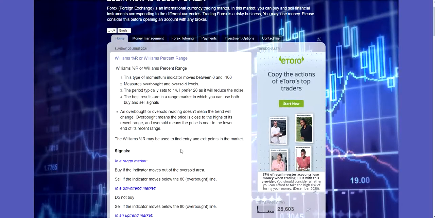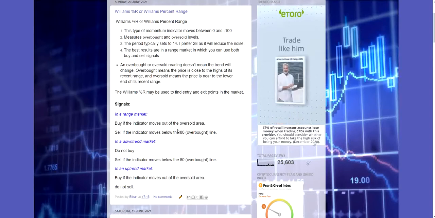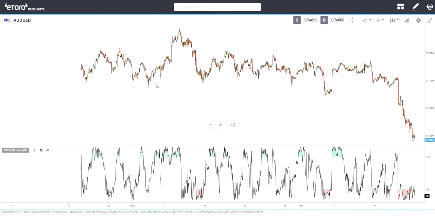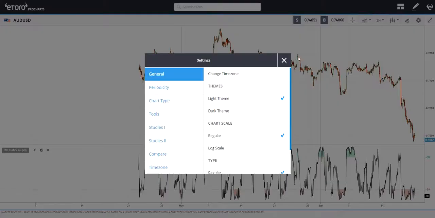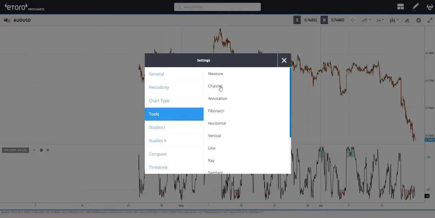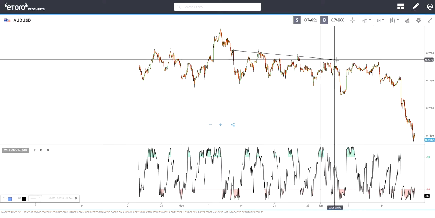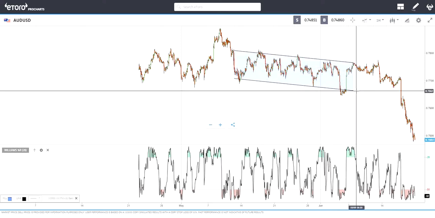So let me go back to the chart. Here you can see we are in a sideways market. I'm going to add a channel to show you, from here roughly, maybe not to here. You can see that we are in a channel, so price moves between these two lines roughly.